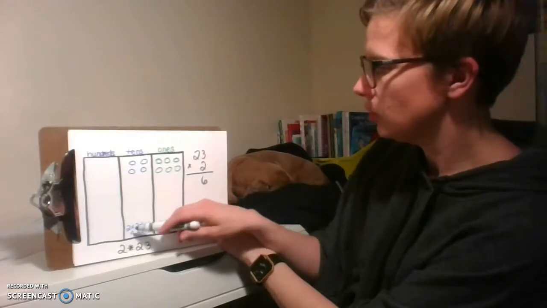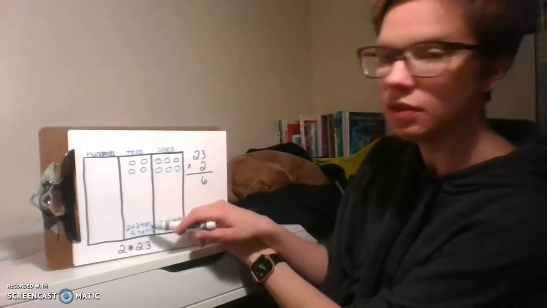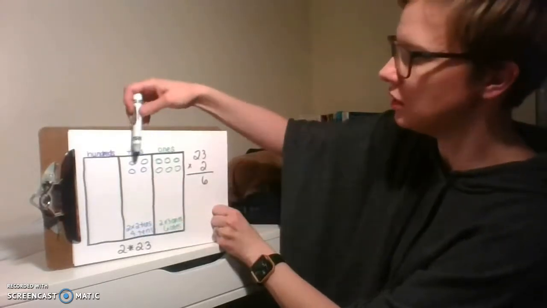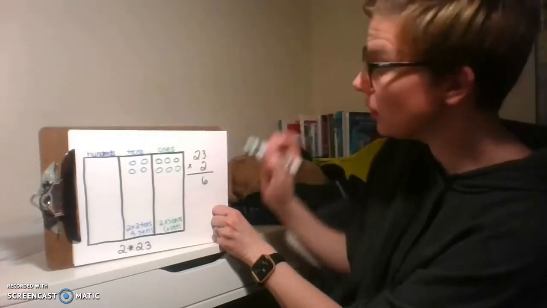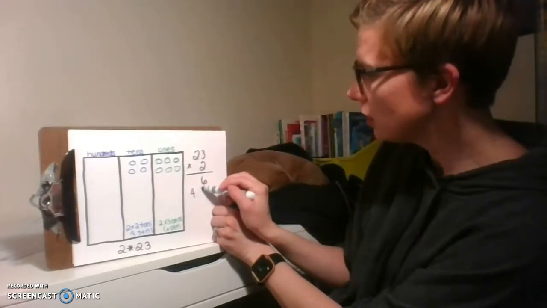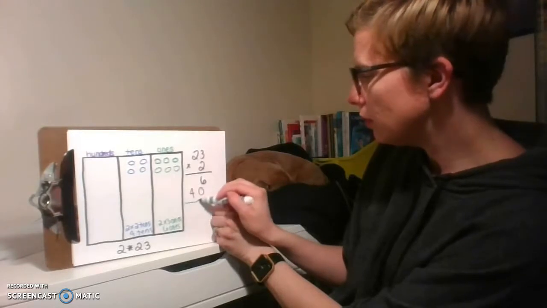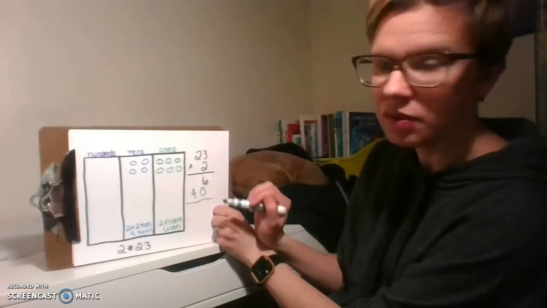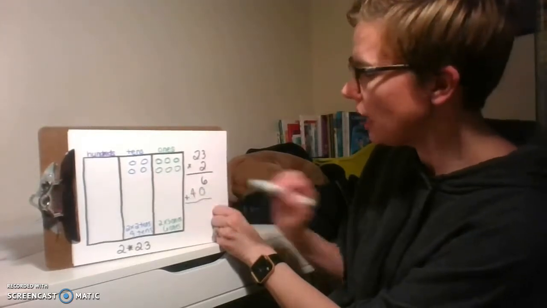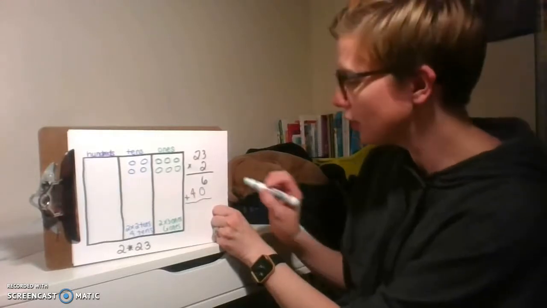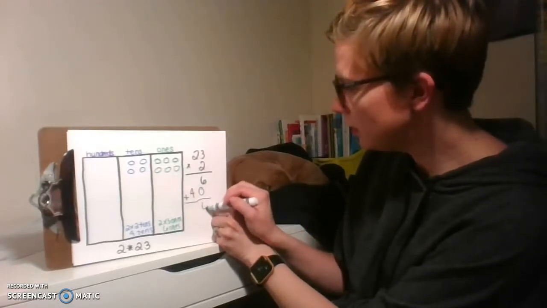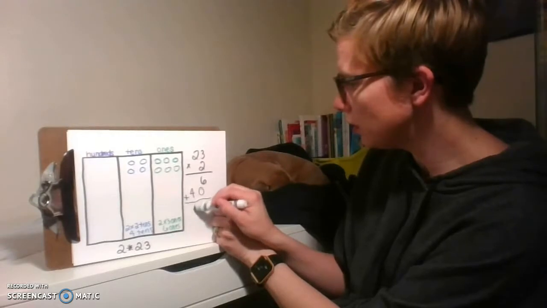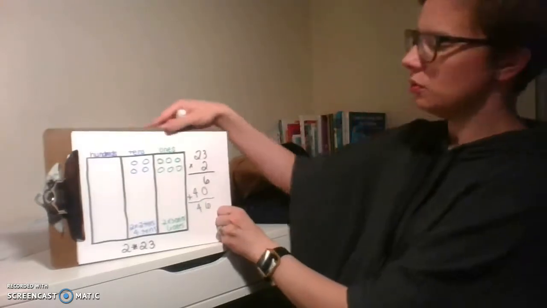Then I have 2 times 2 tens is 4 tens, which is, of course, 10, 20, 30, and 40. But you can't just leave those separate, so we add them up to put them back together. So 6 plus 0 is 6, and 4 plus 0 is 4, which means that 2 times 23 is, in fact, 46.